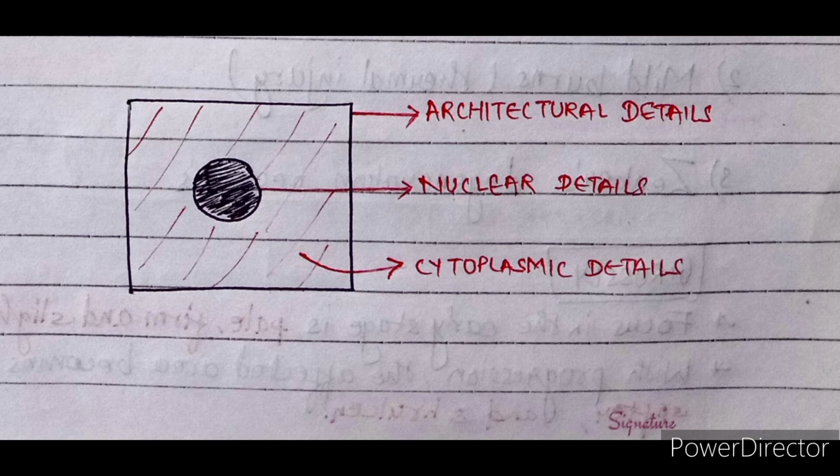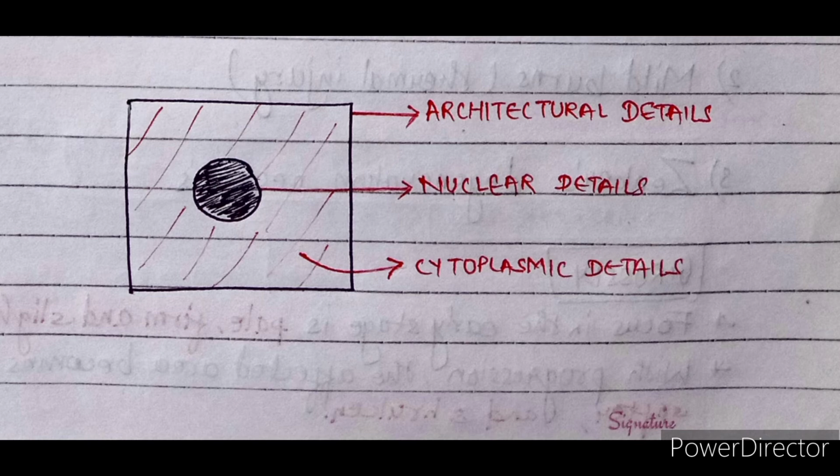Architectural details means the outline of a cell. Cytoplasmic detail means some cells have blue or pink colored cytoplasm, some have granular or agranular cytoplasm. So the cytoplasm of a cell is different, known as cytoplasmic detail.